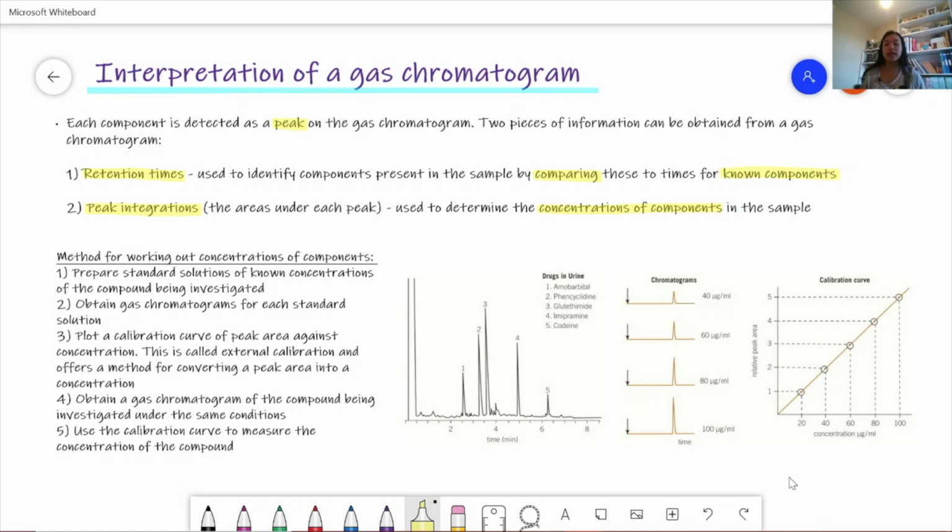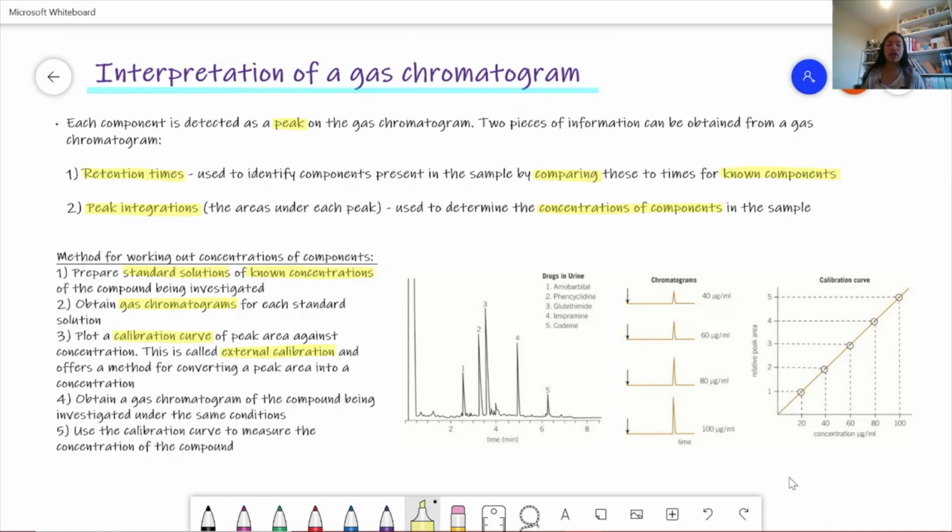So the way we do this is firstly prepare standard solutions of known concentrations of the compound being investigated. And then we obtain gas chromatograms for each of these standard solutions. We then plot a calibration curve of peak area against concentration, and this is what we call external calibration, and this offers a method for converting a peak area into a concentration.